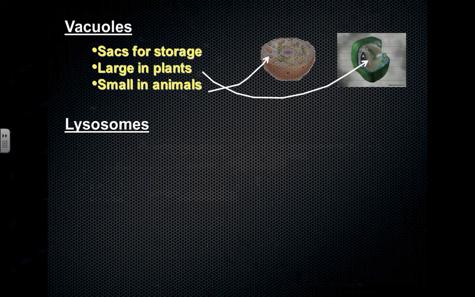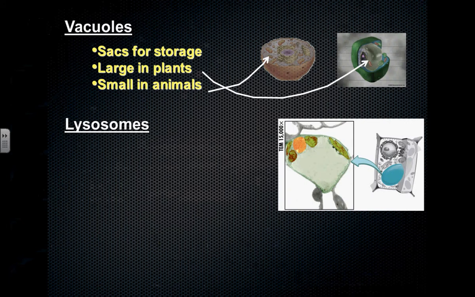Lysosomes. Lysosomes are an organelle that, basically, this is another image of the vacuole. So all this gray area, this is an actual electron microscope image. This is part of the vacuole. This would be all filled with water. Here it is in a diagram. All right, lysosomes are organelles that look just like a vacuole. They're like a little bubble.